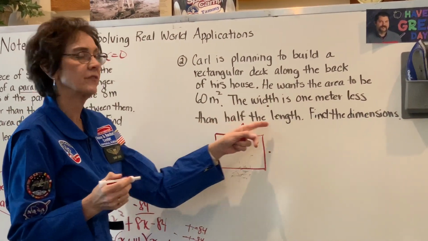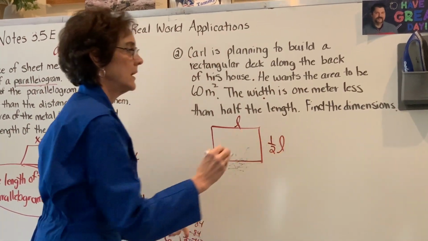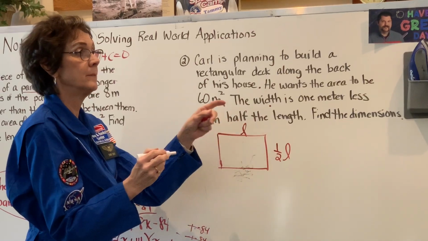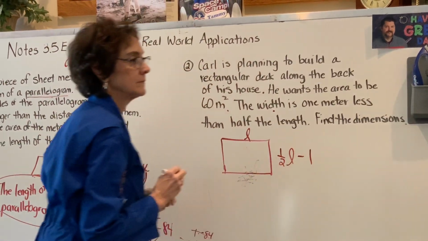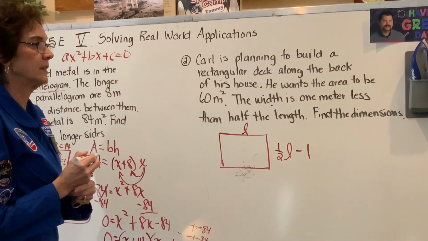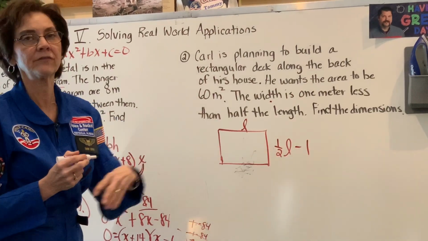Than half of the length. So half of the length would be half L, but it's not that. It's 1 meter less. So minus 1. All right, so there it is. 1 meter less than half of the length.